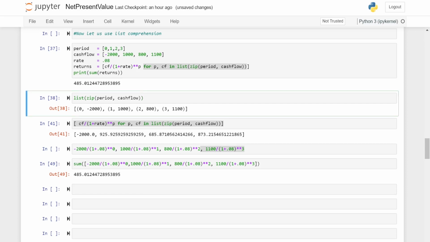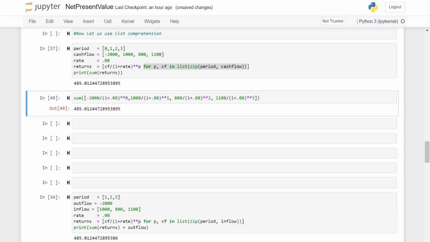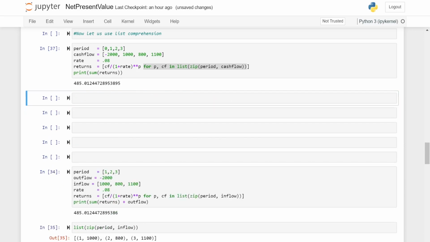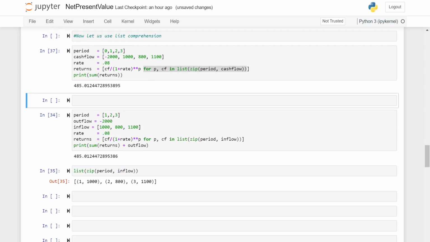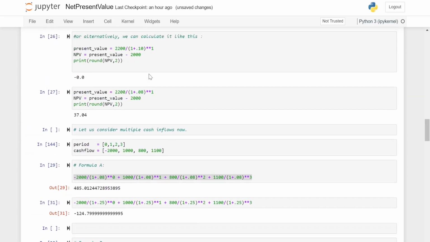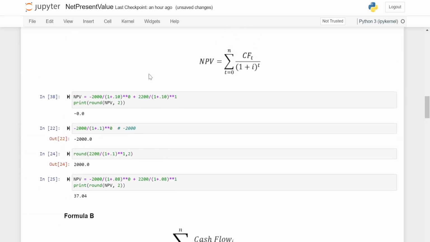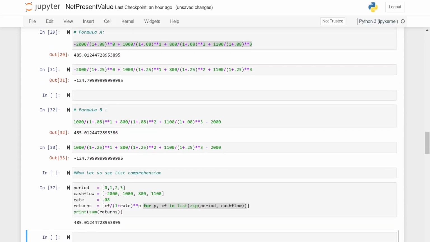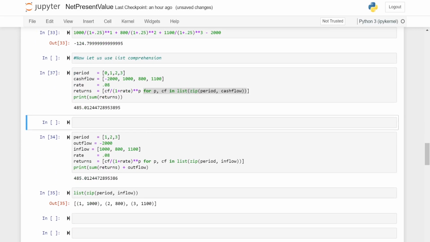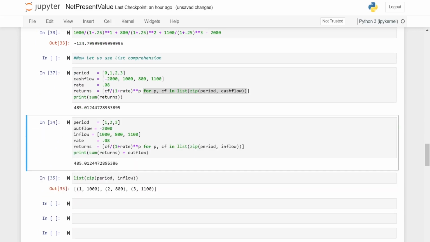So let me remove this now. Here, what we have done is we have used formula A, right? We will use formula B. How to go about formula B now? Look, here the same thing, but we are not talking about zero period and cash outflow.